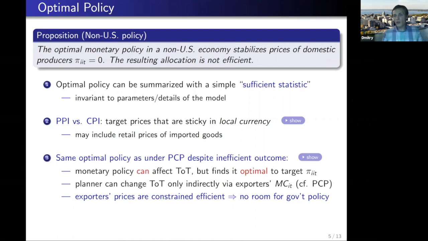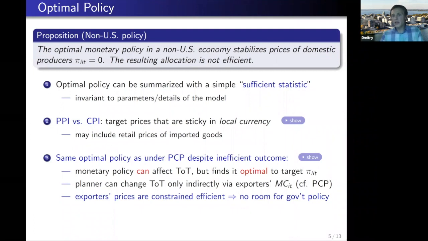Now going back to the intuition. Why do we get this result? Notice that in general, the monetary policy has two objectives: the domestic margin, domestic demand, and foreign demand. Suppose this economy experiences a positive productivity shock. Then ideally it would like to increase production and sales of this good in the domestic market and also export more of this good abroad.